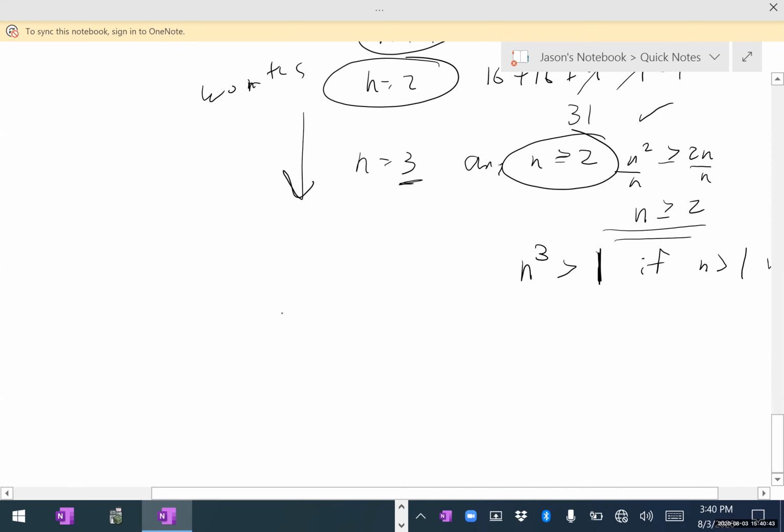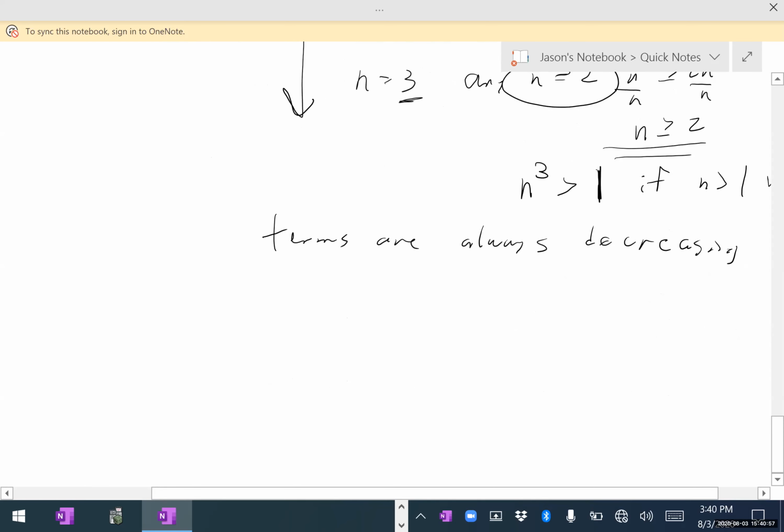What does that mean? That means that my terms are always decreasing. That means that when I plug in, 1/2 is greater than 4/9, which is greater than 9/28, which is greater than 16/65.